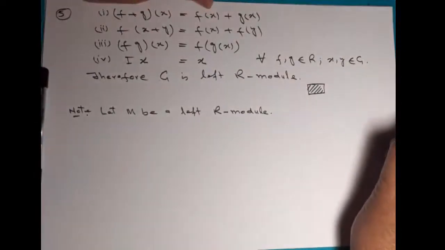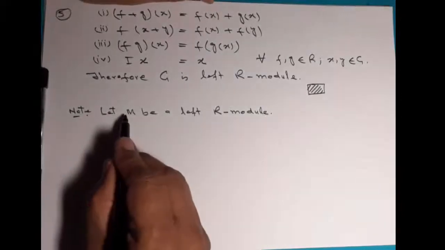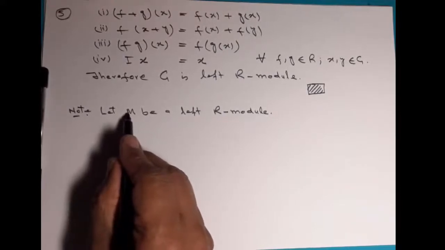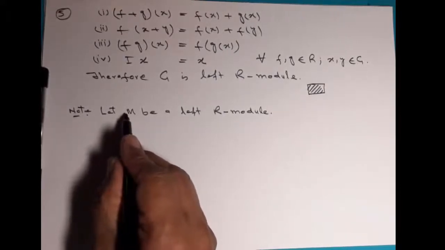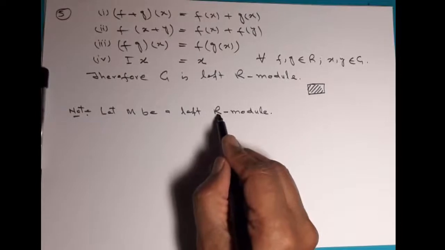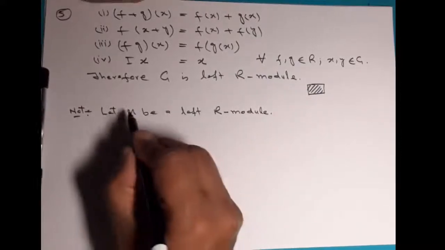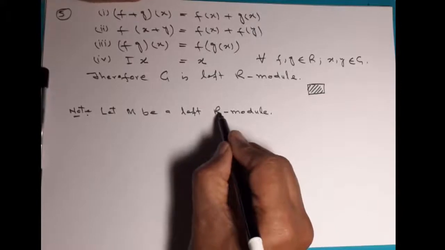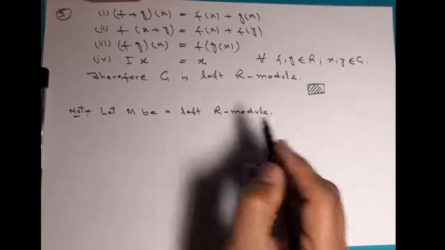Note that M is an abelian group under addition. We use addition for the binary operation, then M is an abelian group, and ring R is also an abelian group under addition, and then under multiplication there are other conditions. So module M has a 0 element as well. Ring R has a 0 element as well.